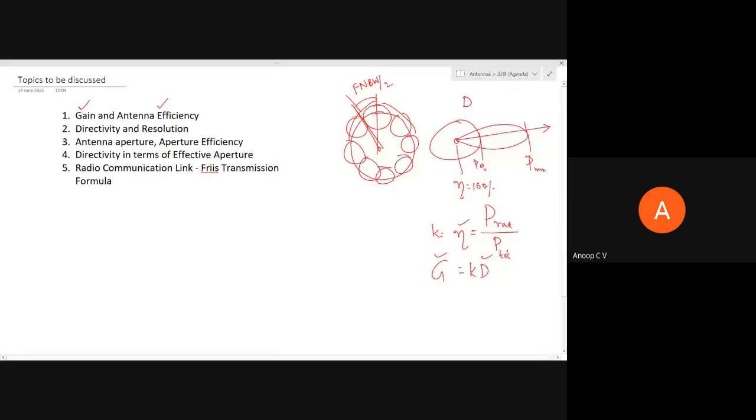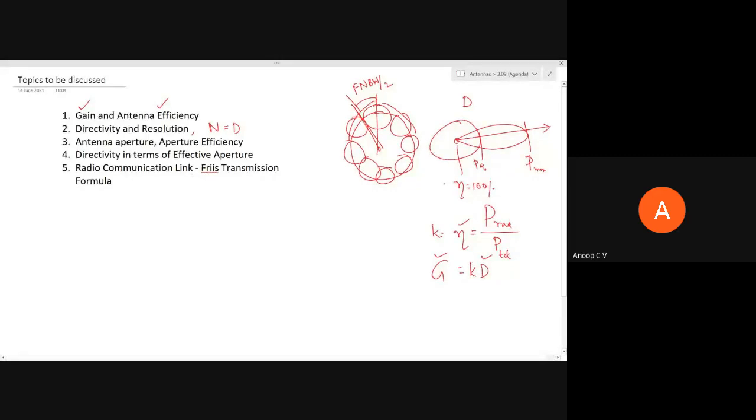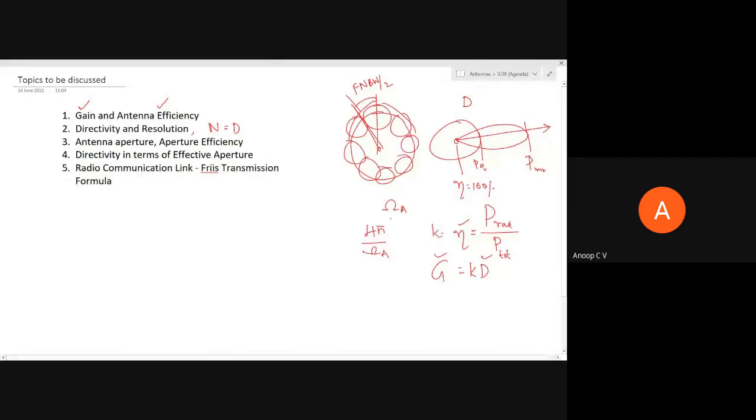But in 3D space, how many different transmitters can an antenna resolve? We'll study that N is numerically equal to directivity: if an antenna has a beam area omega A, its directivity is 4 pi by omega A. The meaning is that this antenna can divide the entire sphere into this many distinct regions, so that it can resolve D point sources which are uniformly spaced over a sphere. That is the meaning of directivity.